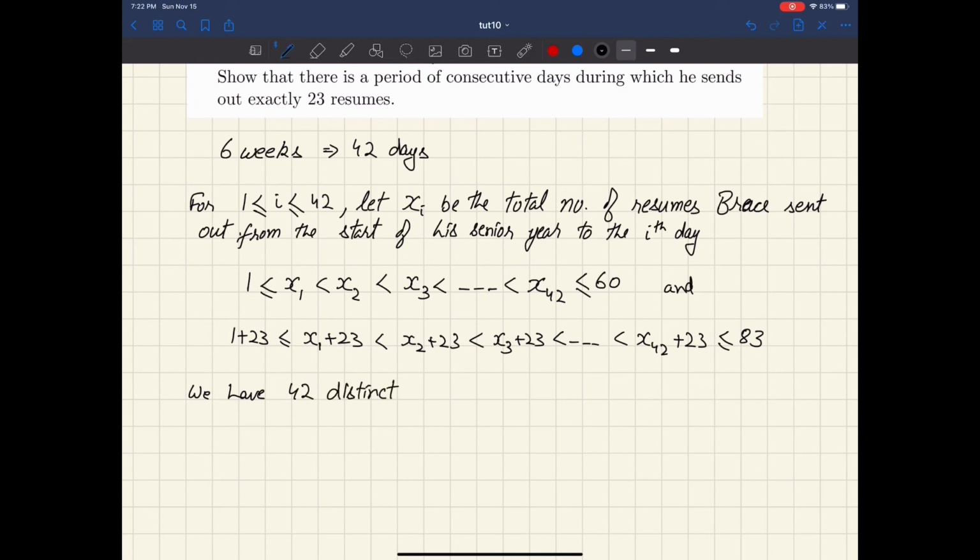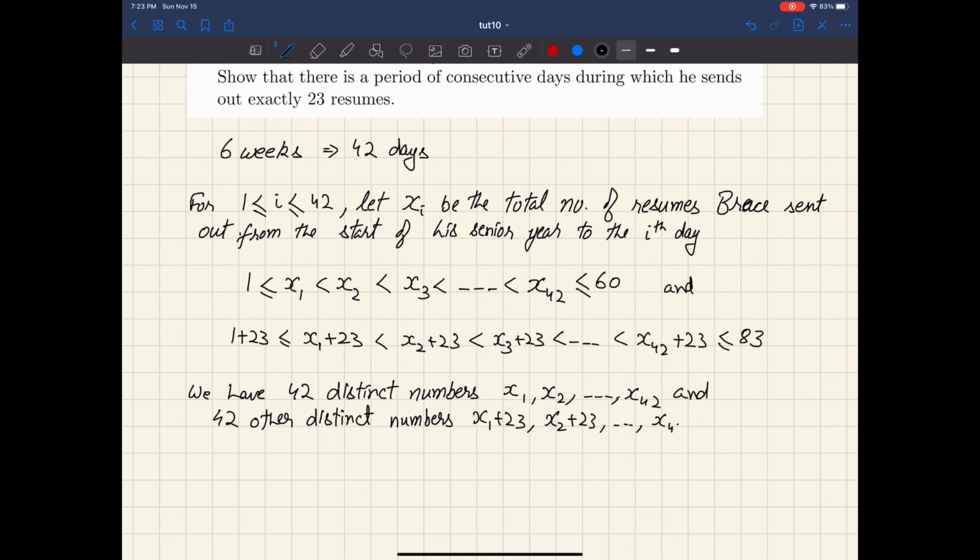Now in total we have 84 distinct numbers. 42 distinct numbers are x1, x2, and so on till x42, and another 42 distinct numbers are x1 plus 23, x2 plus 23, x3 plus 23, and so on till x42 plus 23.